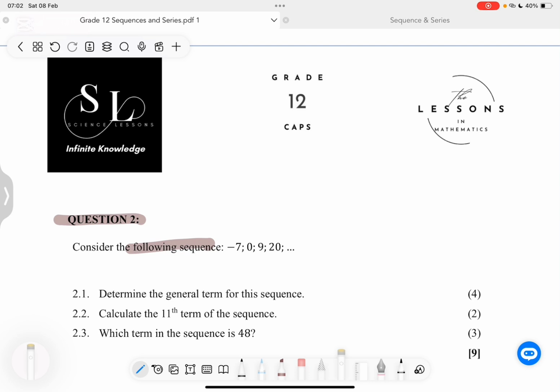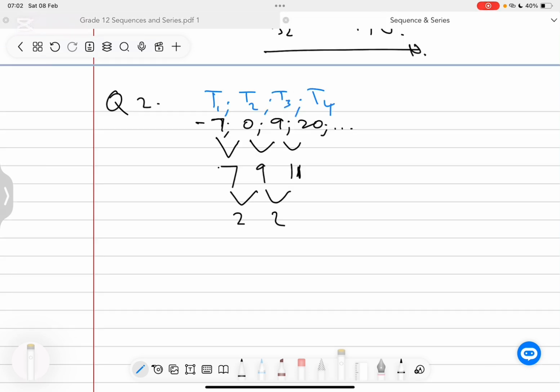Now I'll be able to answer the questions. Question 2.1 says determine the general formula for this sequence. So we are looking for Tn, a formula that we can use to find any term in the sequence, because remember, Tn is a function of n for the quadratic sequence we were dealing with.